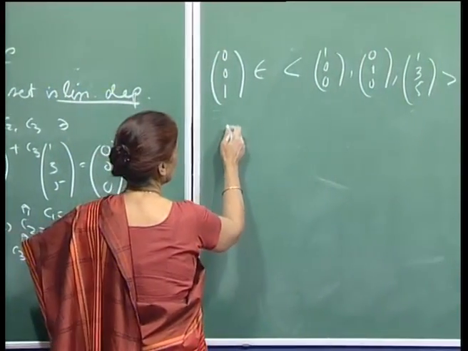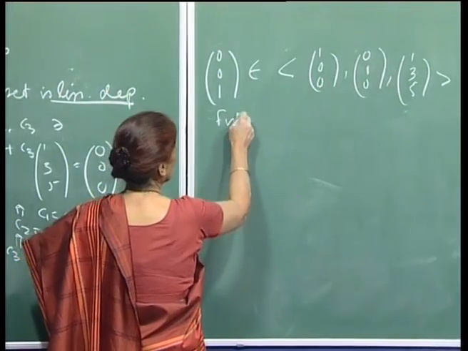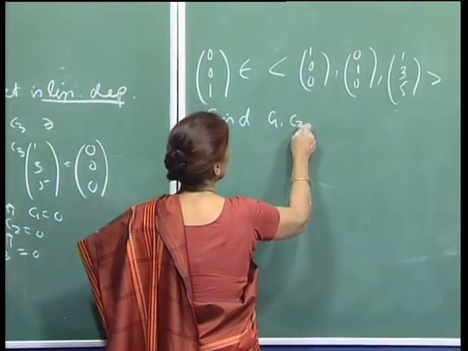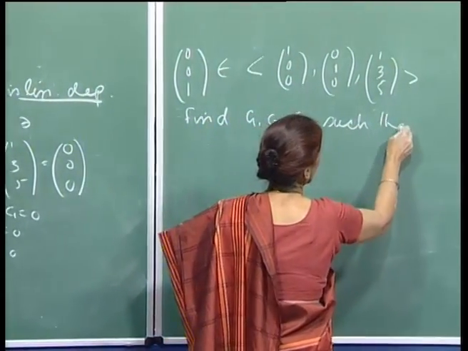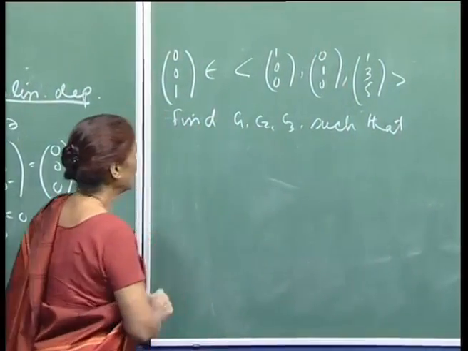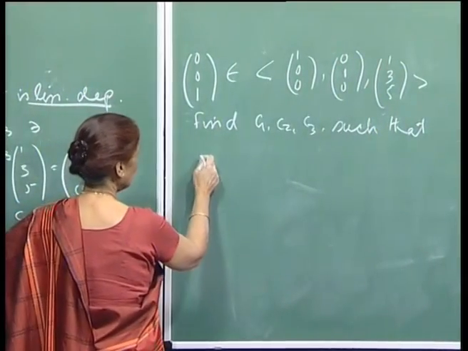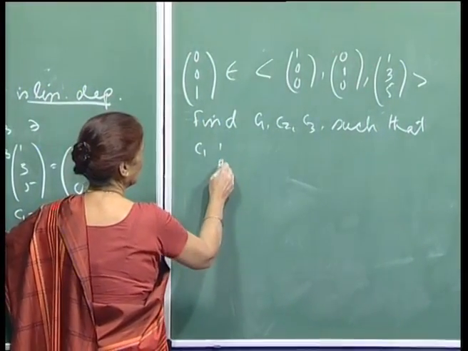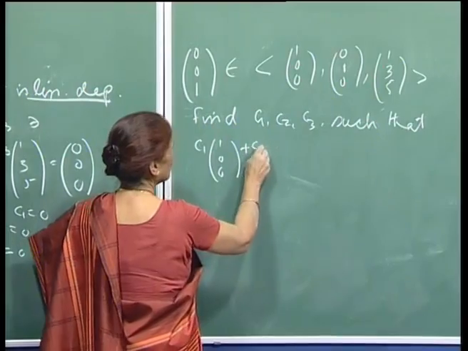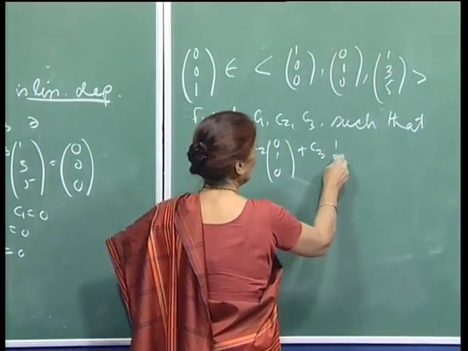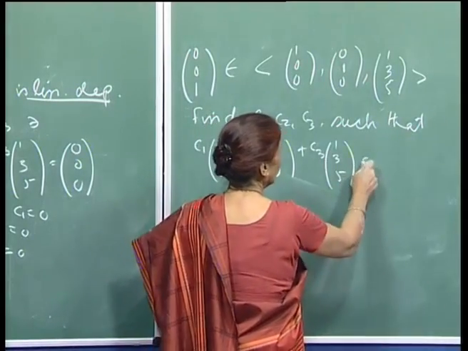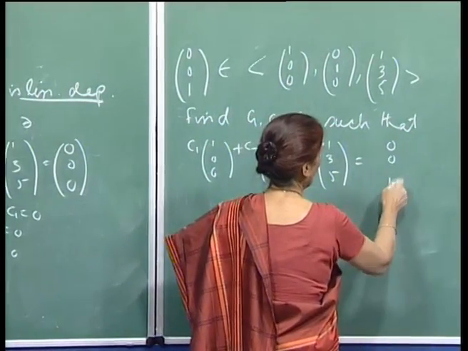So, we want to find C1, C2, C3 such that C1 times 1 0 0 plus C2 times 0 1 0 plus C3 times 1 3 5 is equal to 0 0 1.